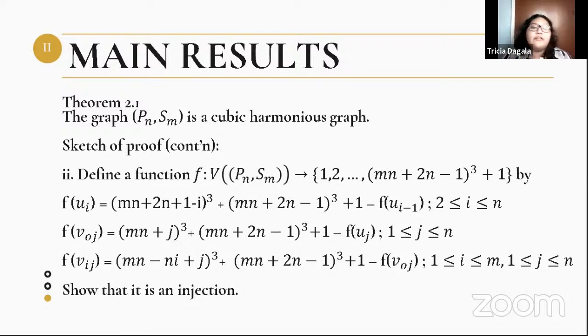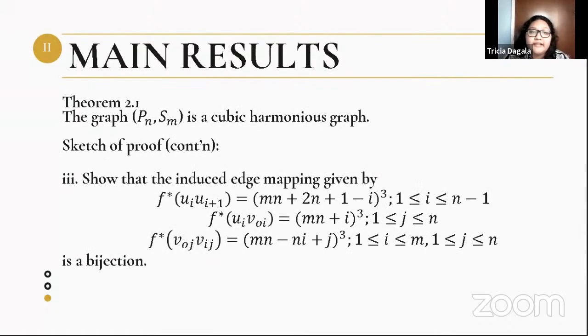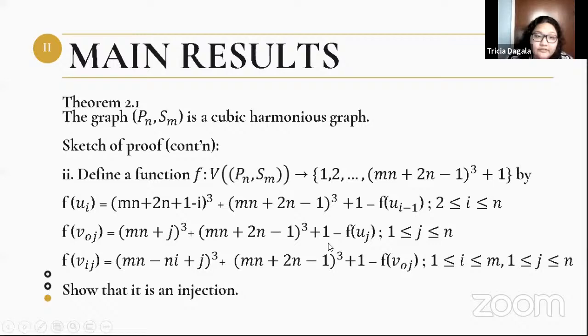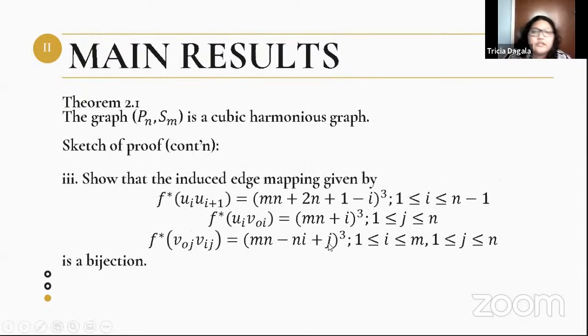And then, after we prove that it is an injection, we proceed, as the induced mapping is needed. This induced mapping was given in the paper, so they did not show how they got this induced mapping. But I think it comes from the same definition, because it is induced.